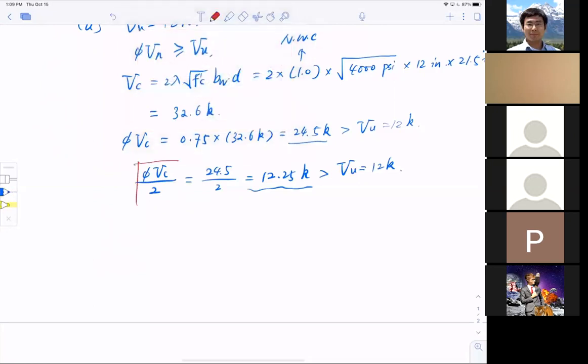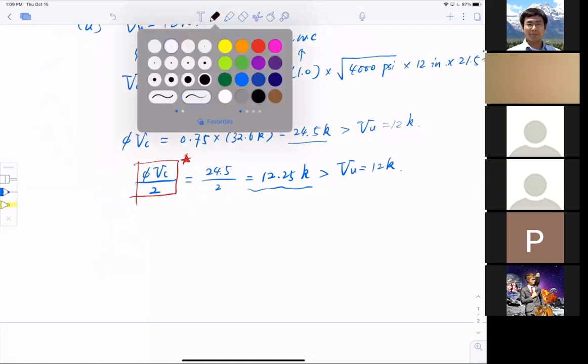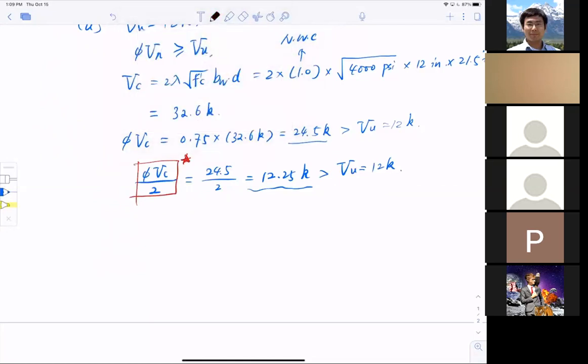Okay, so this is the criterion we have to use to judge whether we need the stirrups or not. So in this case, if phi VC divided by 2 is smaller than VU, we need a stirrup.